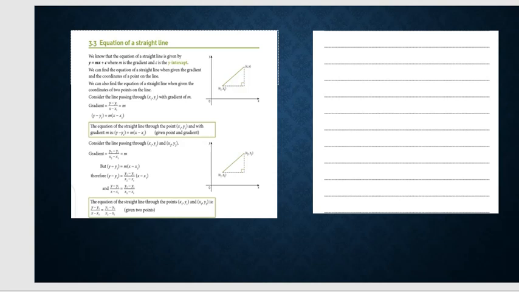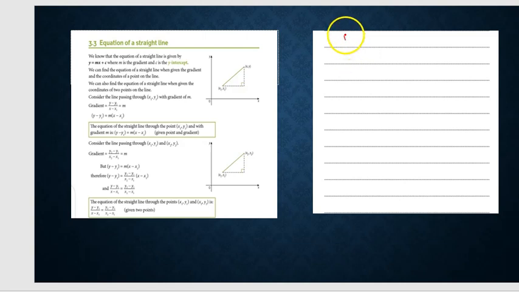We know conceptually that the equation of a straight line is given by y equals mx plus c. In chapters 1 and 2 of this P1, I explained in detail different kinds of equations: linear equations, quadratic equations, cubic equations, reciprocal equations, and even exponential equations.